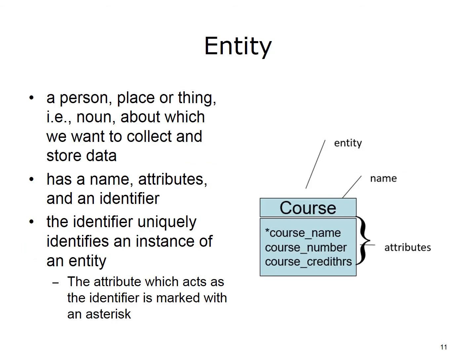In ERD crow's foot notation, an entity is represented by a two-part box, i.e., the top section that holds the entity name and the bottom section where the attributes are listed. An entity has a name, attributes, and an identifier that uniquely identifies instances of the entity. Unique identifiers are similar to Social Security numbers.